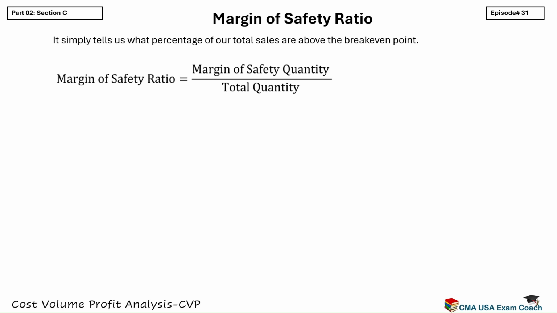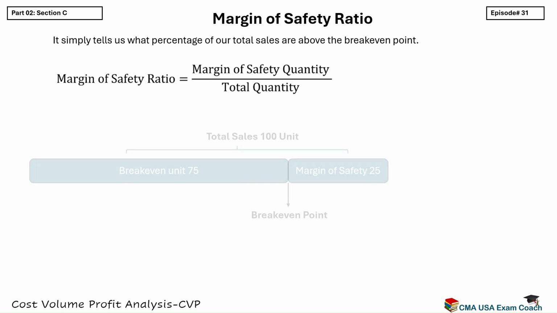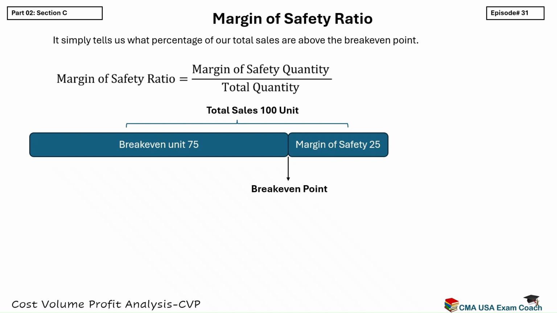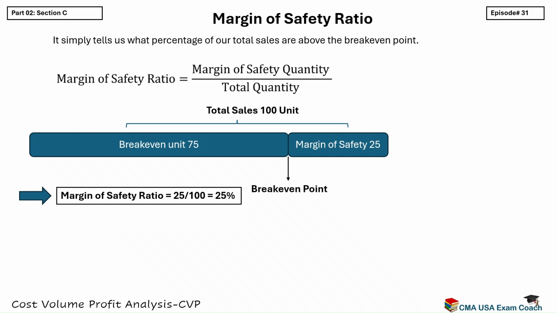For example, if the company sold 100 units and break-even is 75 units, then margin of safety is 25 units. So, 25 divided by 100 gives a ratio of 25%. This means 25% of our total sales are above break-even.